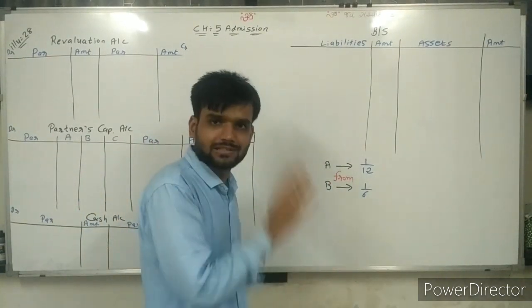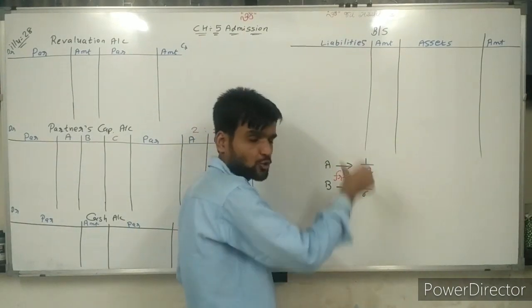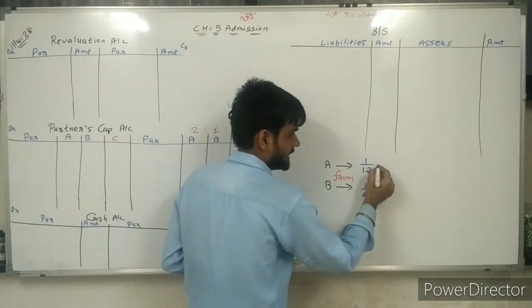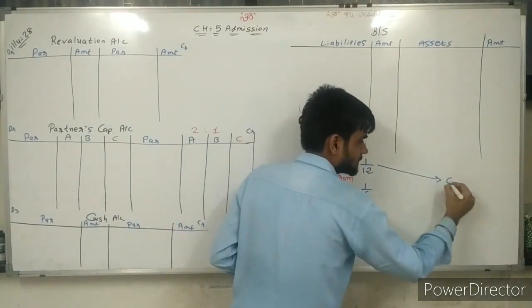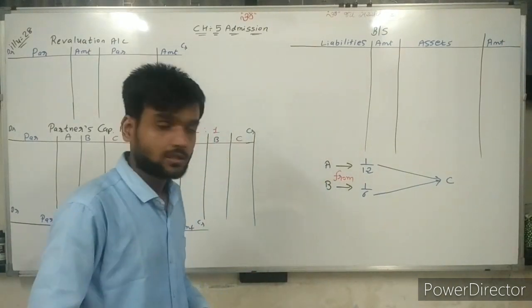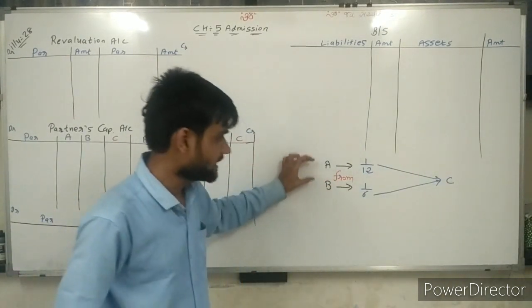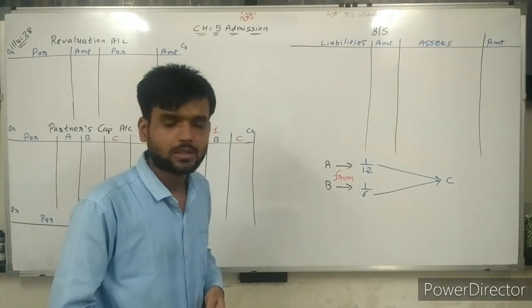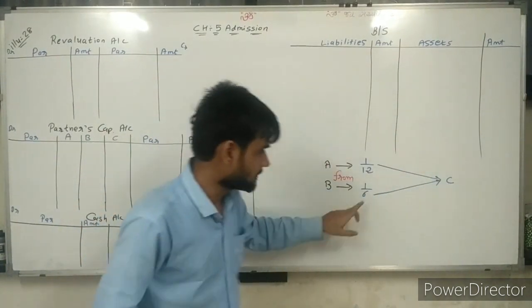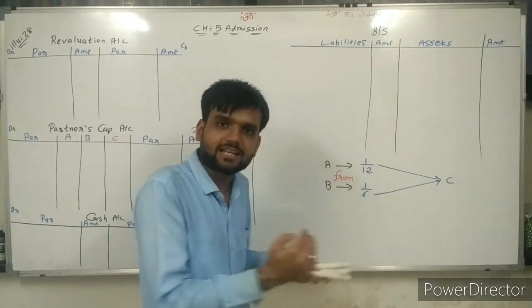If "from" is given, then this ratio is given to C directly. It means this 1/12 is given to C and this 1/6 is also given to C by A and B respectively. So 1/12 is given to C and 1/6 is given to C directly.